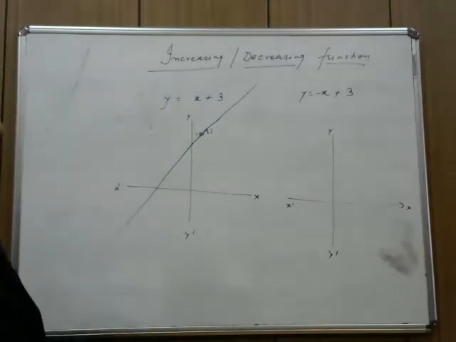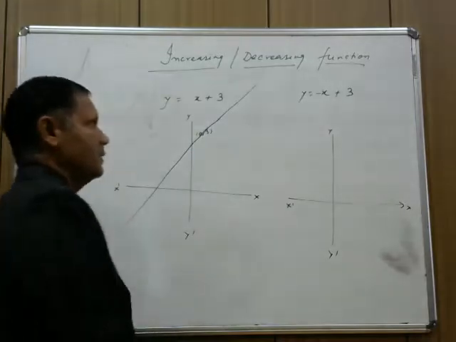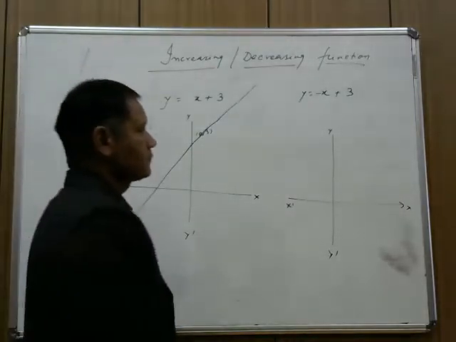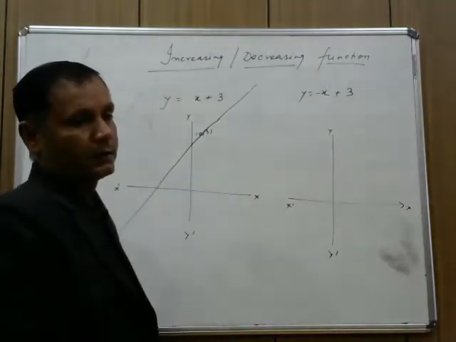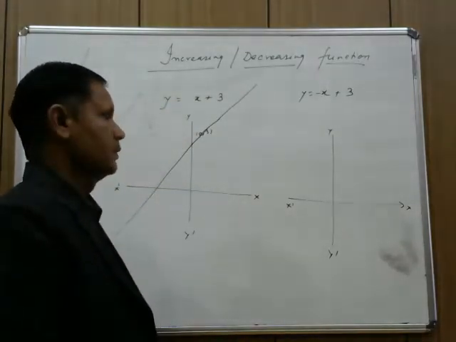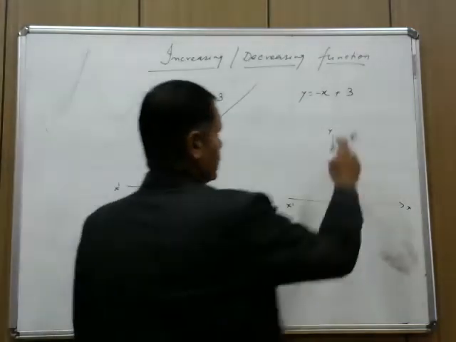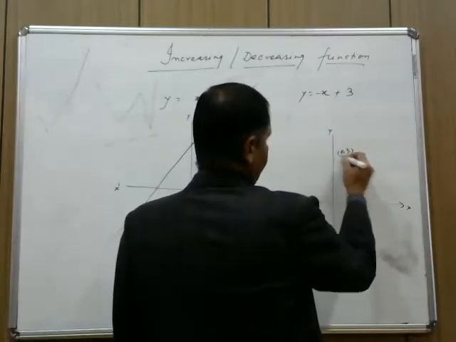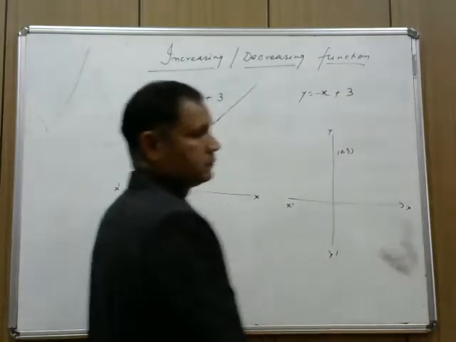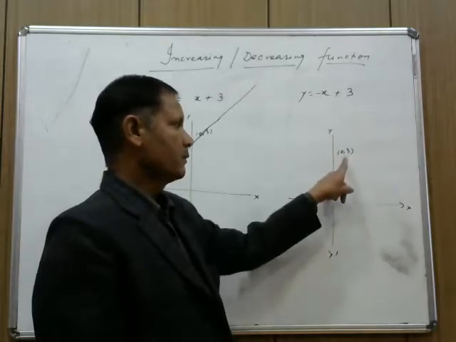And if I draw the graph of y is equal to minus x plus 3, here the slope is minus 1. If I put x equal to 0, then y will also be 3, so one point is (0, 3).